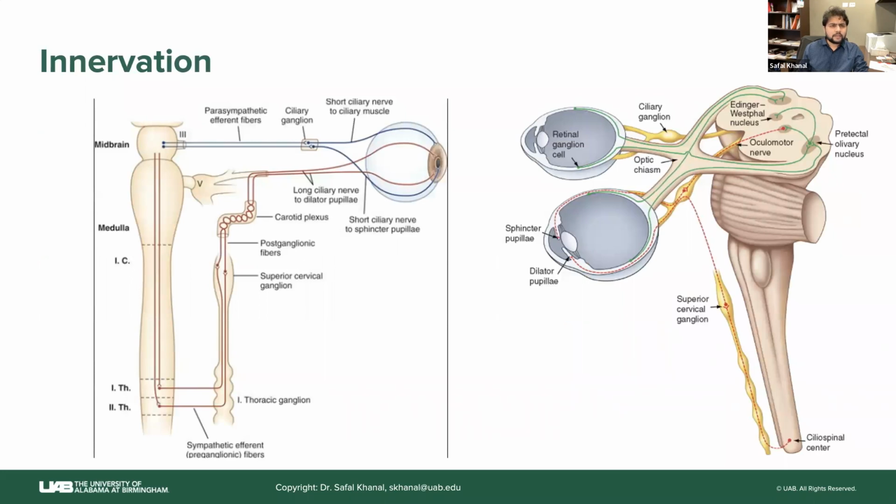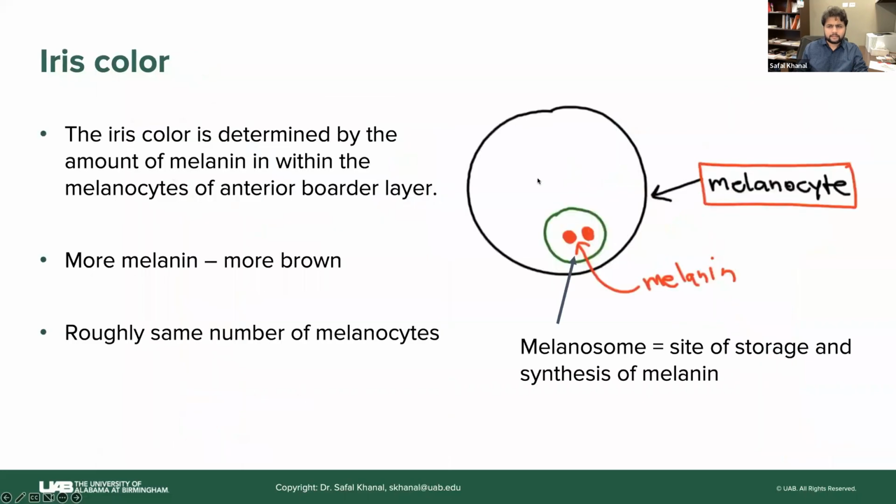Now let's look at the innervation of the iris muscles, sphincter and dilator muscle. The parasympathetic fibers actually originate from the Edinger-Westphal nucleus here, and then through the oculomotor nerve, they reach up to the ciliary ganglion, and then up to the short ciliary nerve to the ciliary muscle.